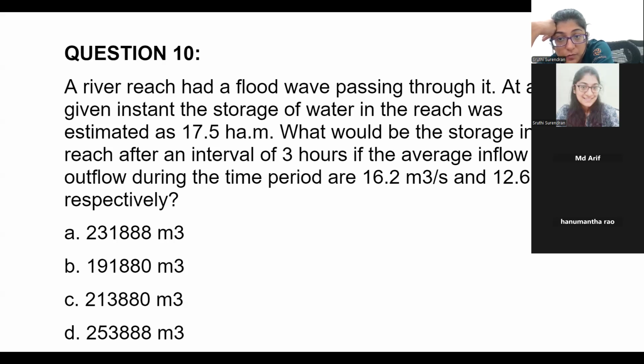What would be the storage in the reach after an interval of 3 hours if the average inflow is this much and outflow is this much? So we convert this 16.2 and 12.6 into volume by multiplying with the duration. After that, by making use of the water budget equation, you can easily find out the answer.